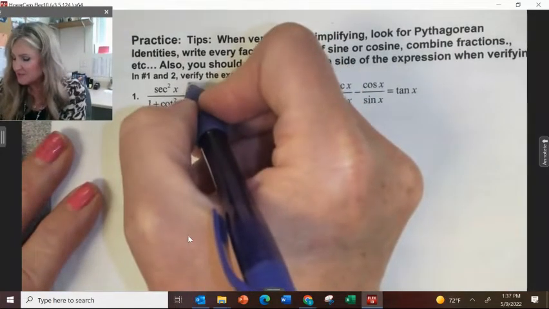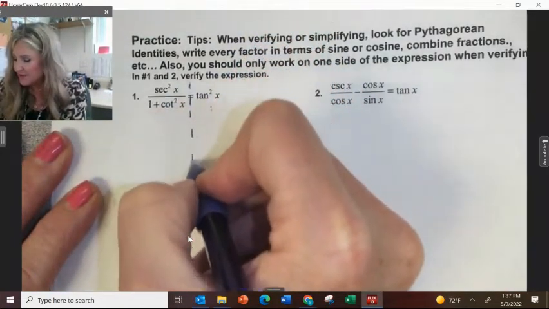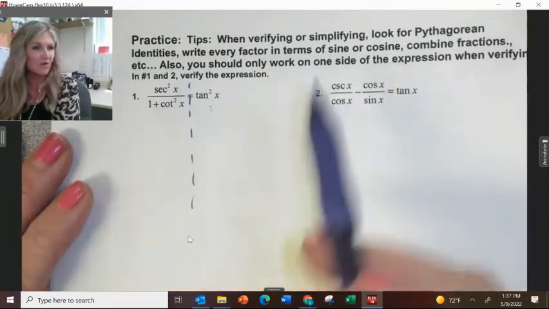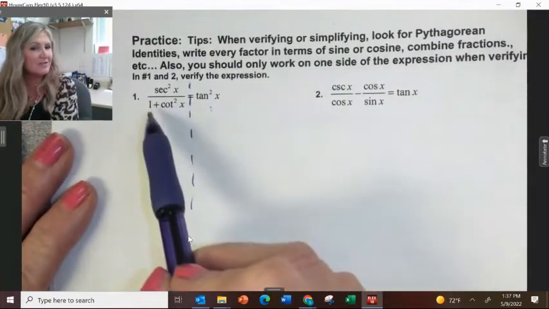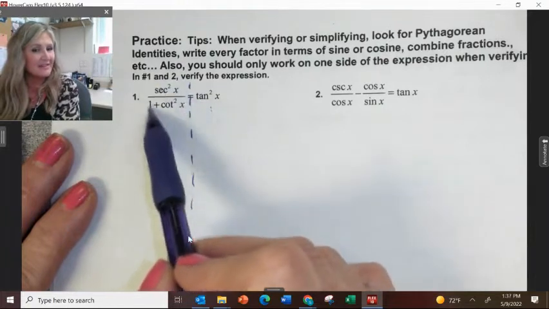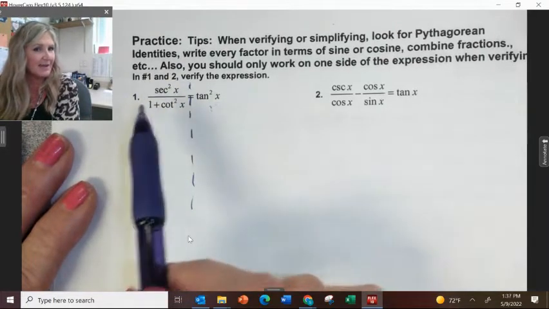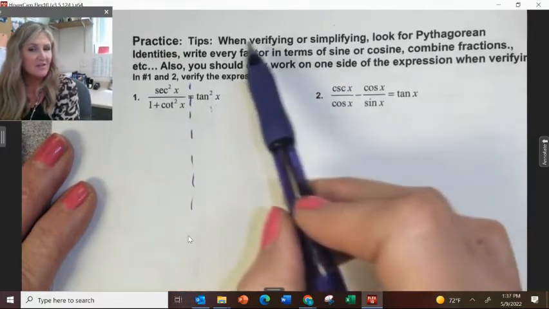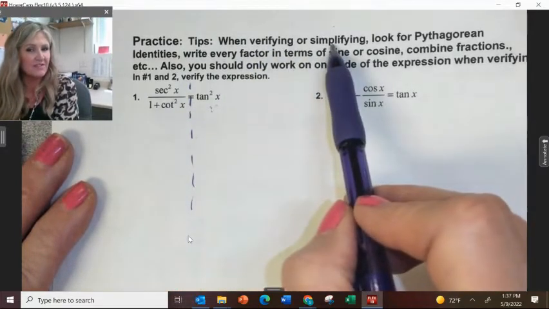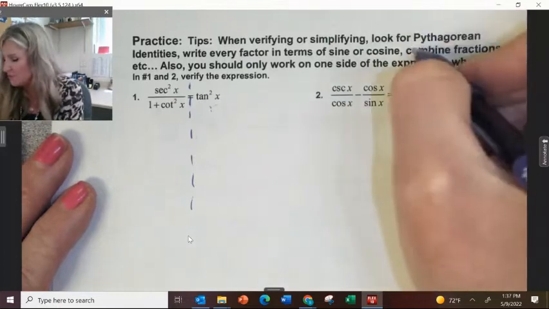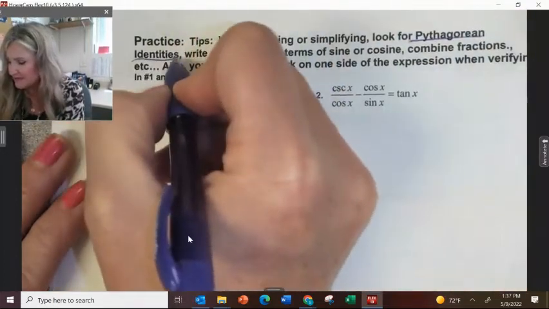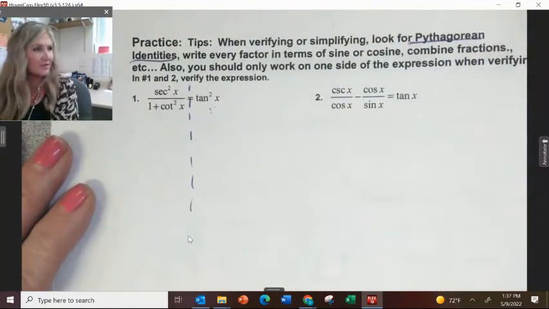So what I'm going to do is draw a line here, and I'm not going to go across that, because what I'm trying to do is make sure that this side is the same thing as this side. I'm proving it. So when we are verifying or simplifying, we're going to look for Pythagorean identities. That's one thing we can look for.